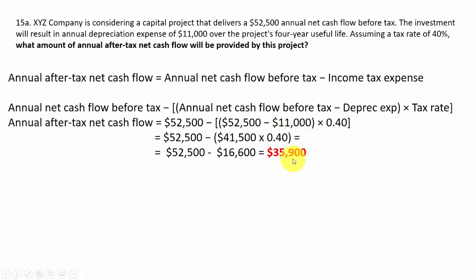So the answer comes out to be $52,500, which is going to be the annual net cash before taxes minus the amount of taxes you're going to pay, which are $16,600, to give you $35,900.